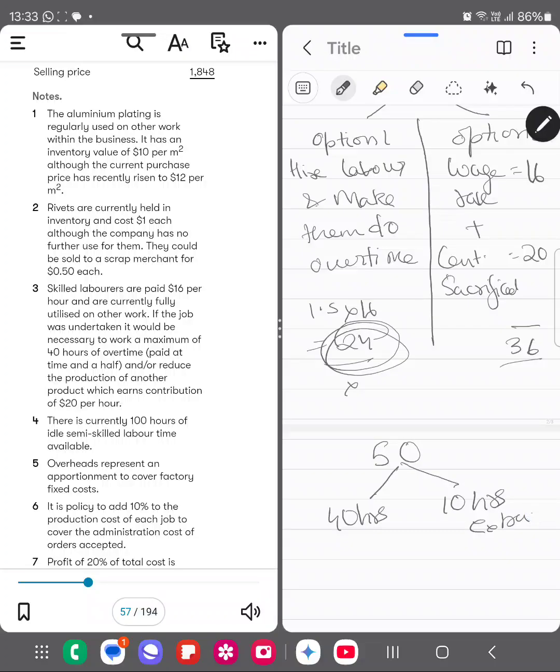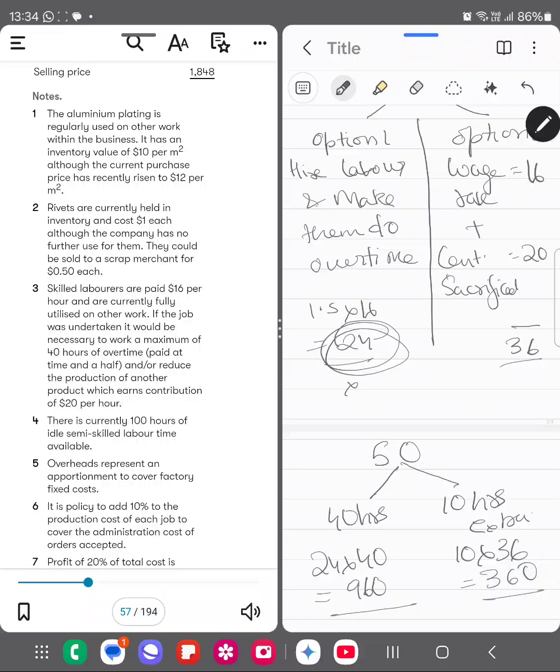Okay, so 40 hours are already over there. So 24 into 40, it will give you 960. And then for 10 hours, the wage rate would be 36, which will be 360.